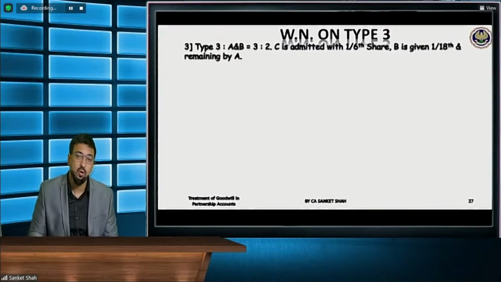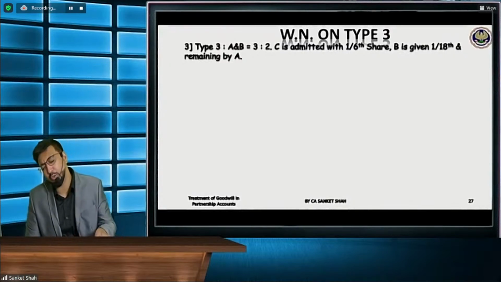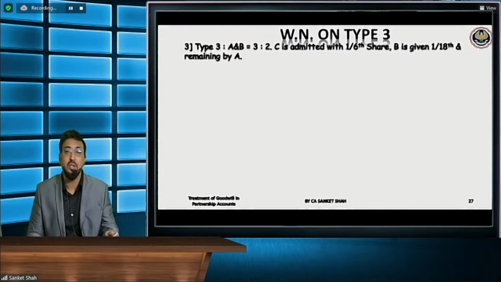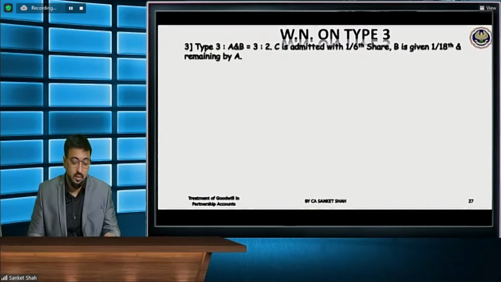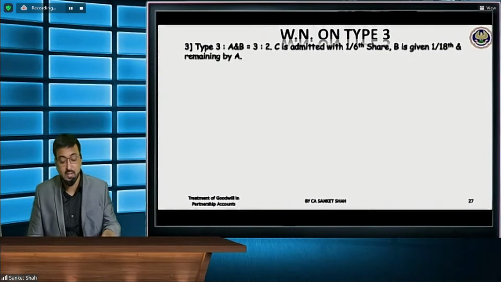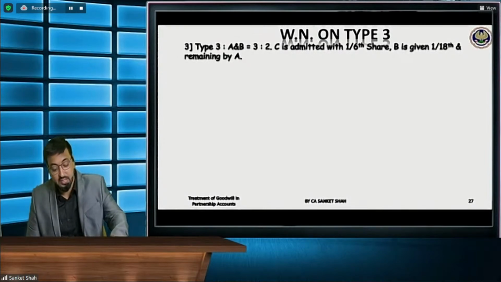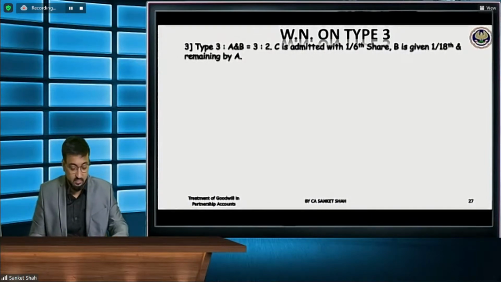Is 1/6 more or 1/18? Write it in the comment section, every one of you. Which is the greater answer, 1/6 or 1/18? Who is smaller and who is bigger? Which is bigger, 1/6 or 1/18?